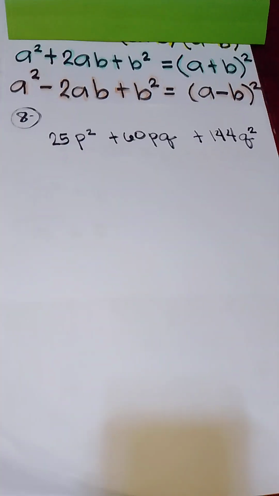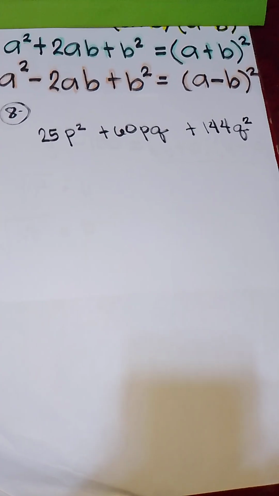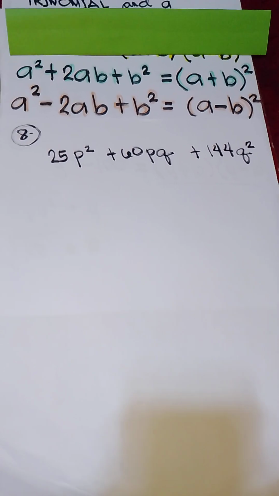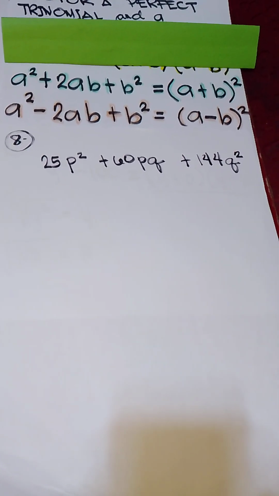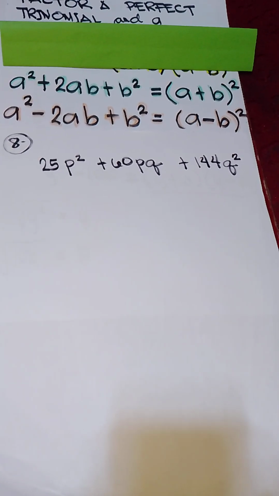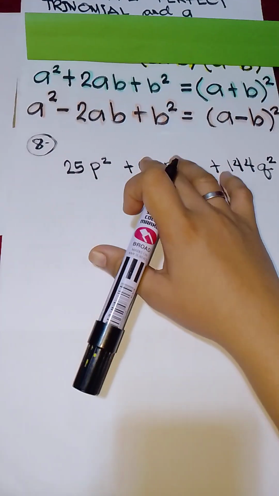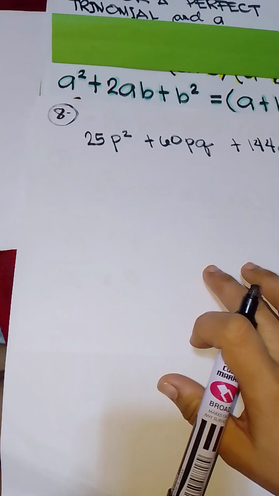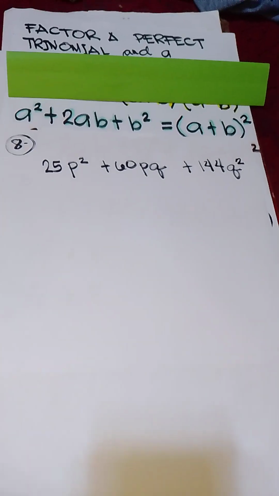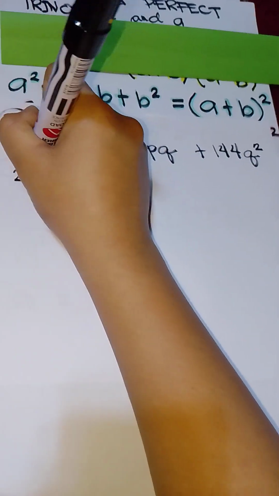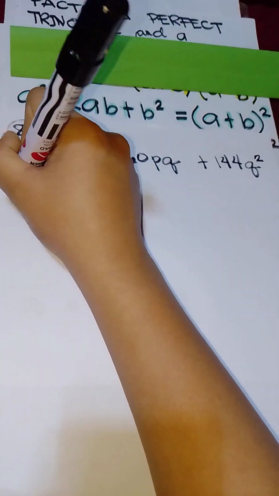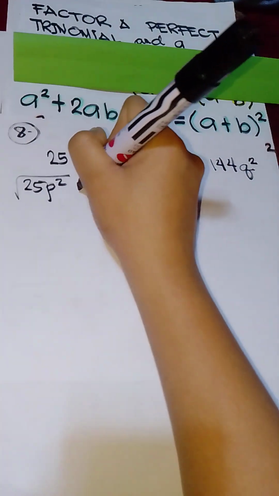For our next example, we have 25p squared plus 60pq plus 144q squared. So we have the form a squared plus 2ab plus b squared. Let us check first if 25p squared is a perfect square. If we're going to get the square root of that, the result is 5p.